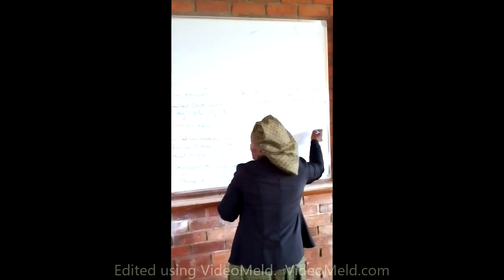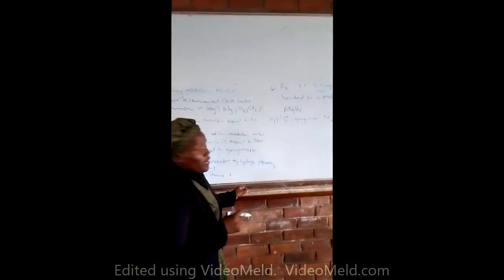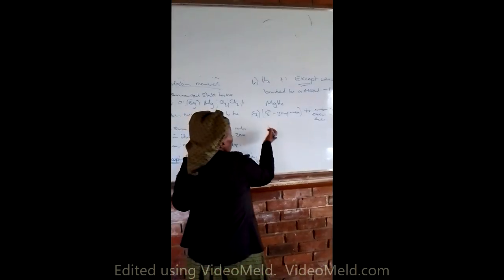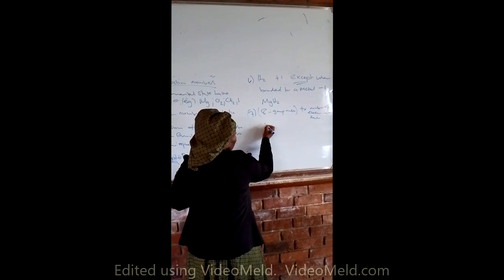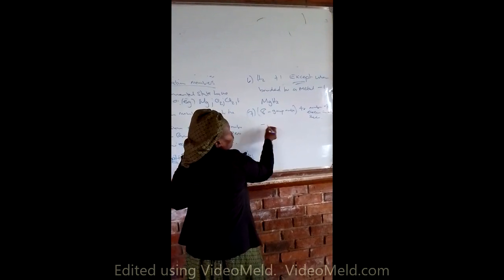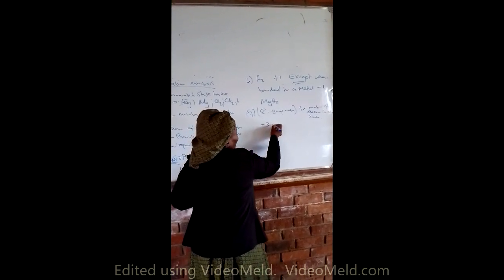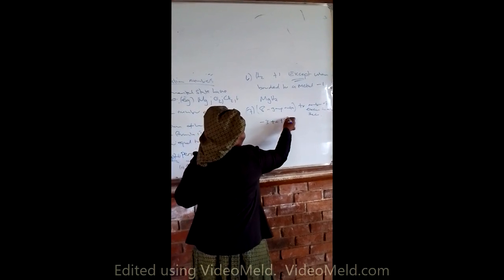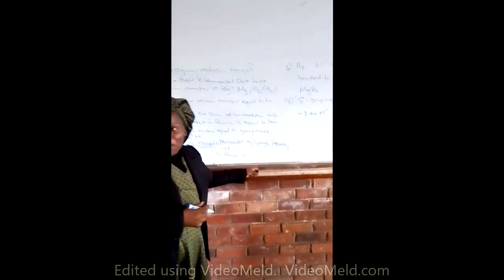So for example, an element in group 5 is going to pick the group number, which is 5, minus 8. So the oxidation states will vary from -3 up to +5 because it's in group 5.